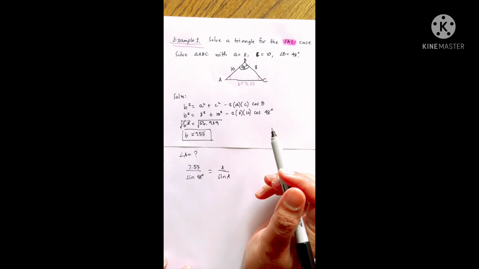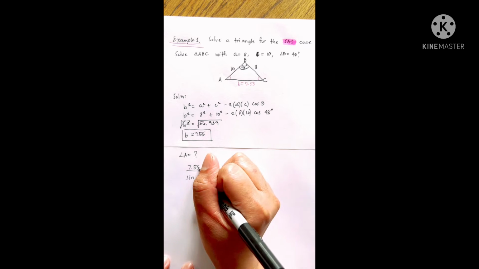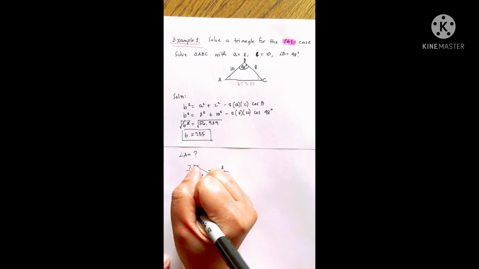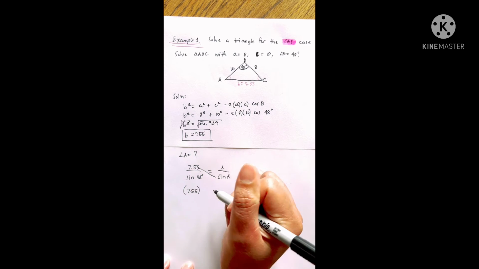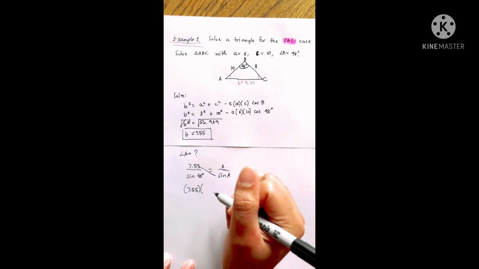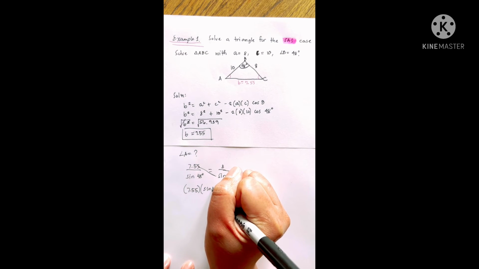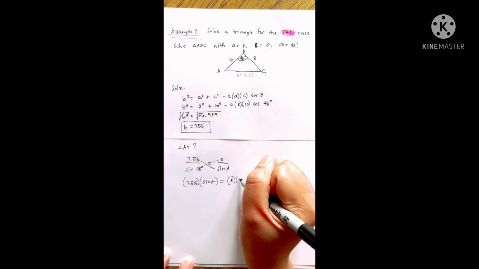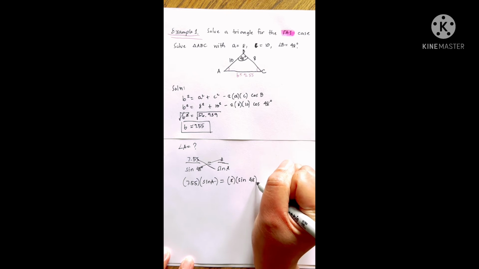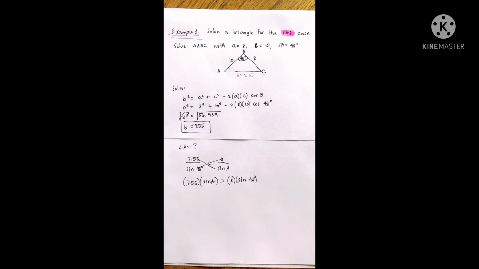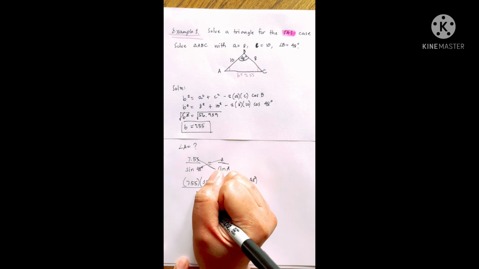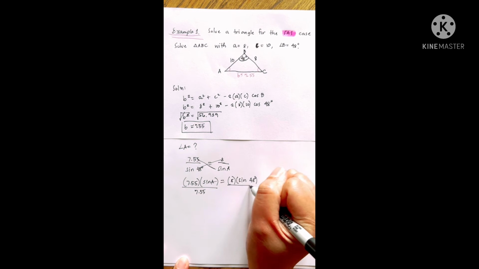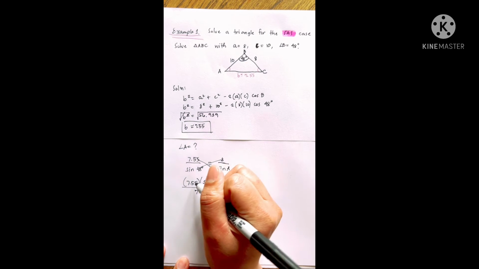Next, we're gonna cross multiply. So we have 7.55 times sine A equals 8 times sine 48 degrees. After that, since we're going to isolate sine A, let's divide both sides by 7.55.